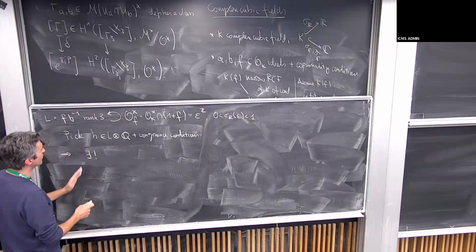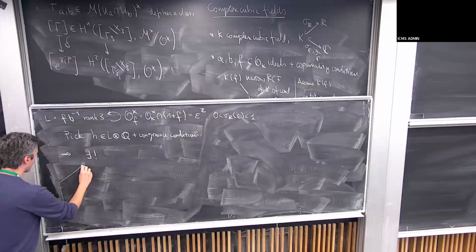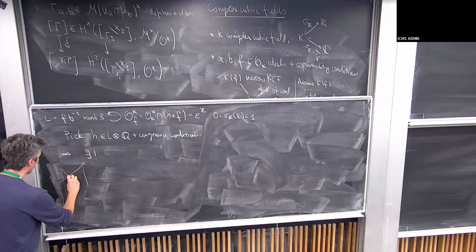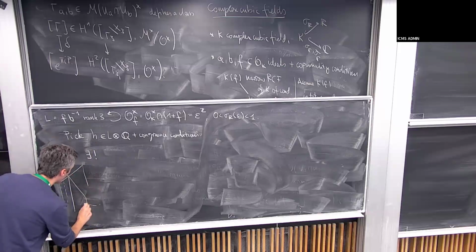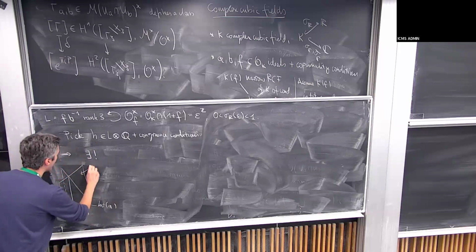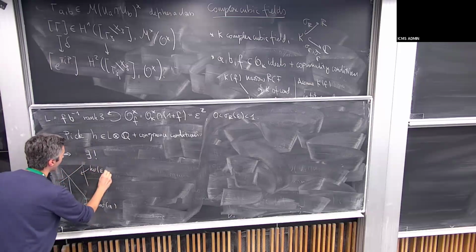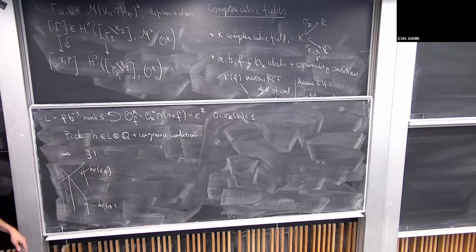And I'm going to choose them so that H points, so maybe it's easier to draw the diagram. So again, this is the kernel of A. And I'm going to choose my B to be epsilon times A, where epsilon is the unit.